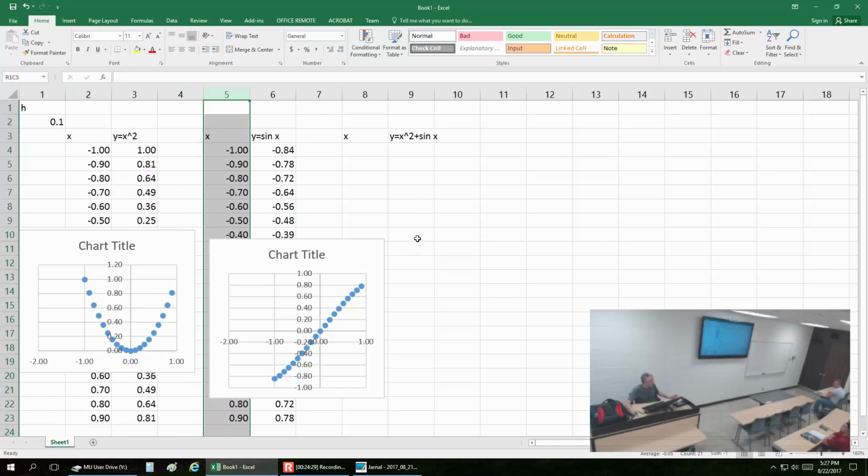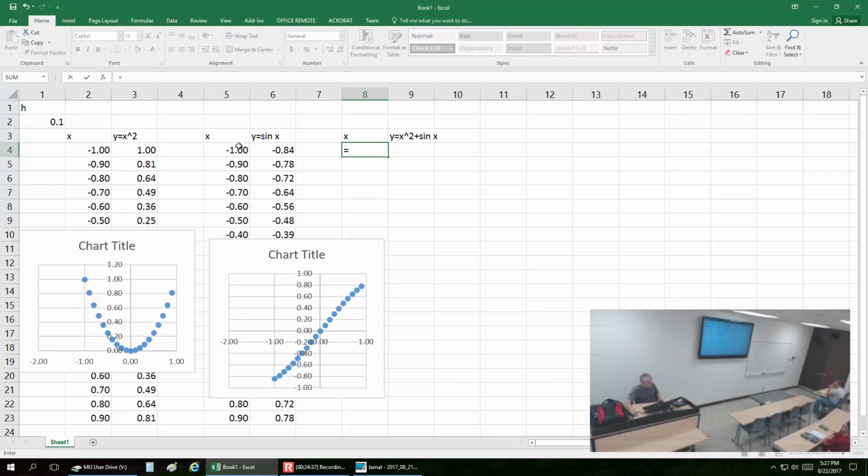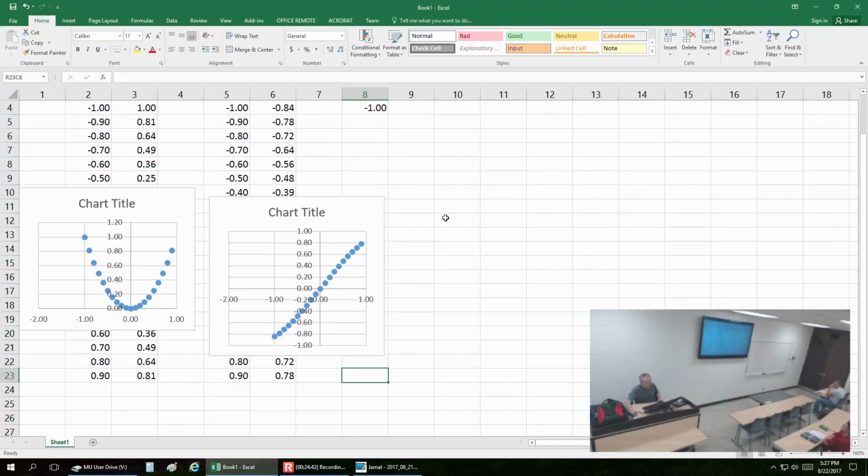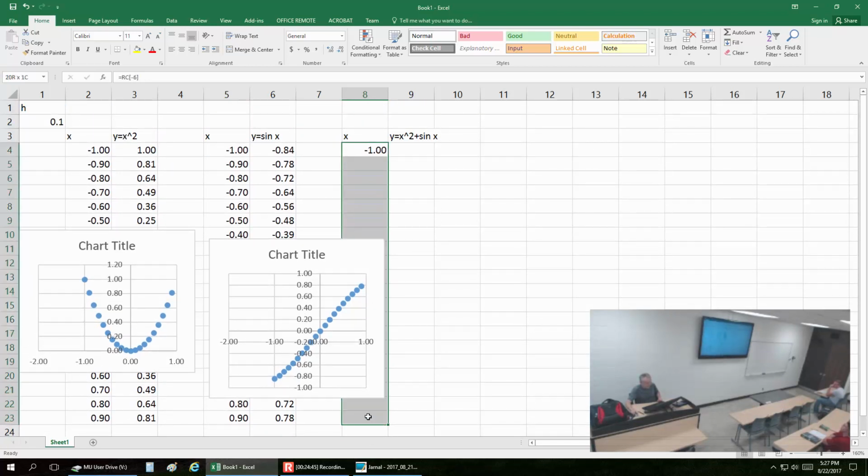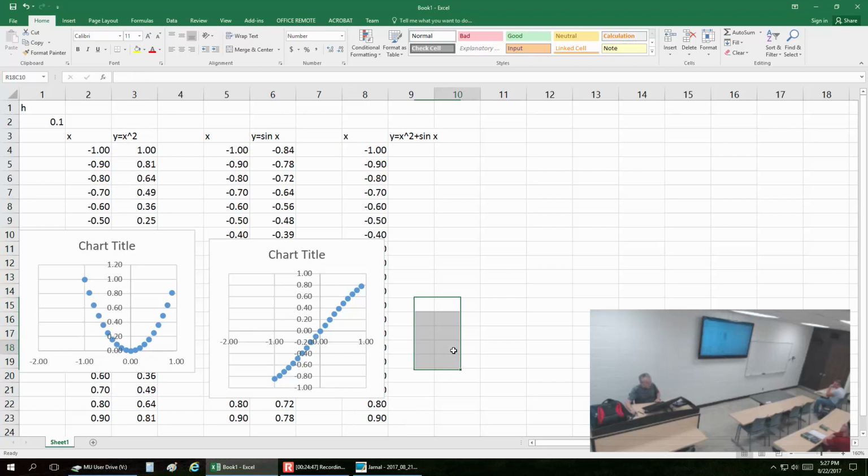The input is also the same for the first function. So instead of doing it from scratch again, I'll just copy. I'll equal this one, and that way I can quickly create the input values, the input column.